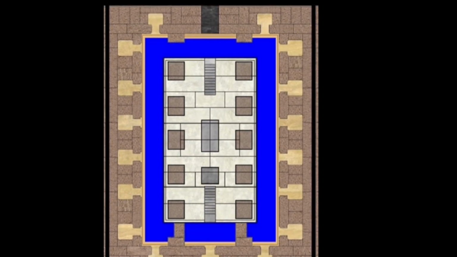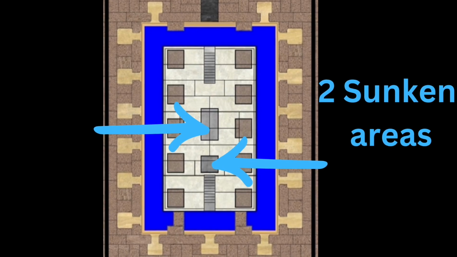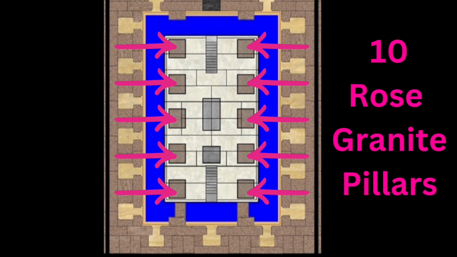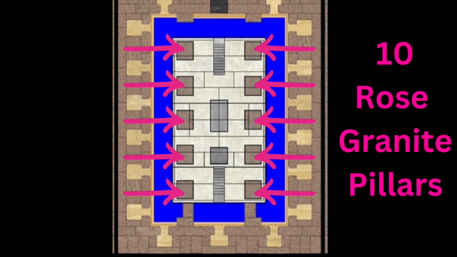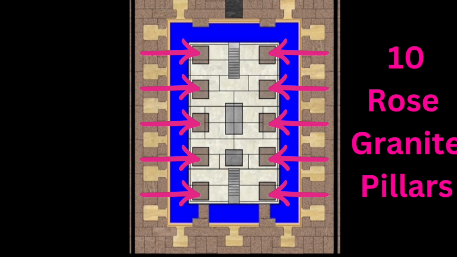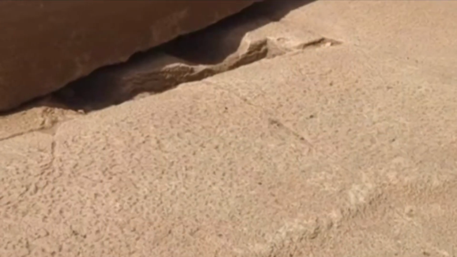So there are two sunken areas, but only one of them has the inset, whereas all of the pillars have the inset around the base. So with the 10 pillars and the single square central sunken area, that makes 11 areas which have got this strange inset.